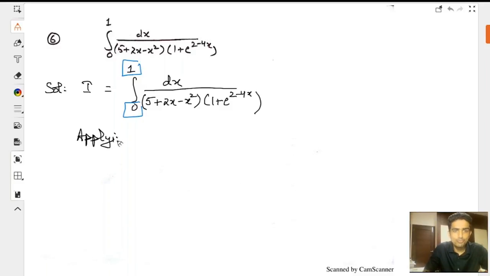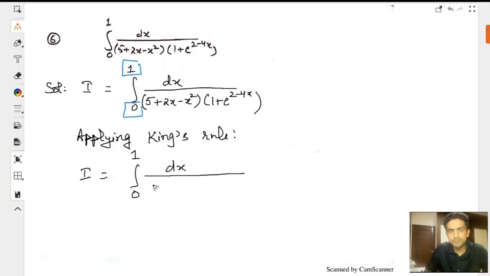So guys, the moment you apply King's rule, of course, in this question you have to do a little calculation. Five plus 2 times 1 minus x minus 1 minus x whole square into 1 plus e raised to power 2 minus 4 times 1 minus x.